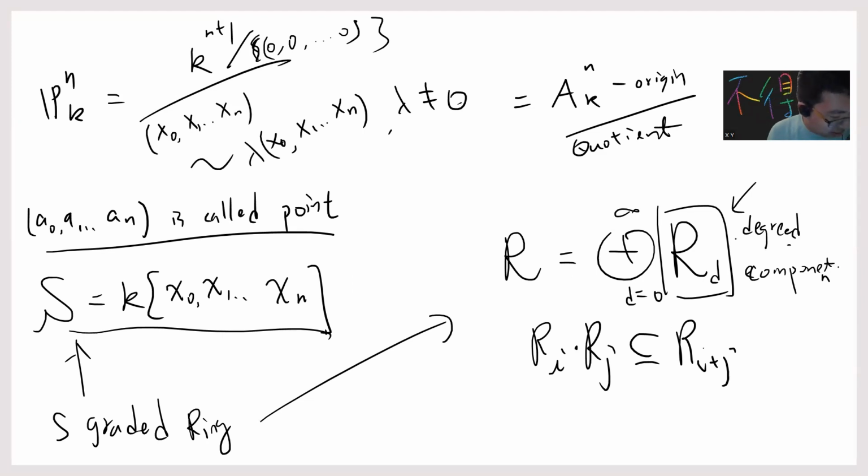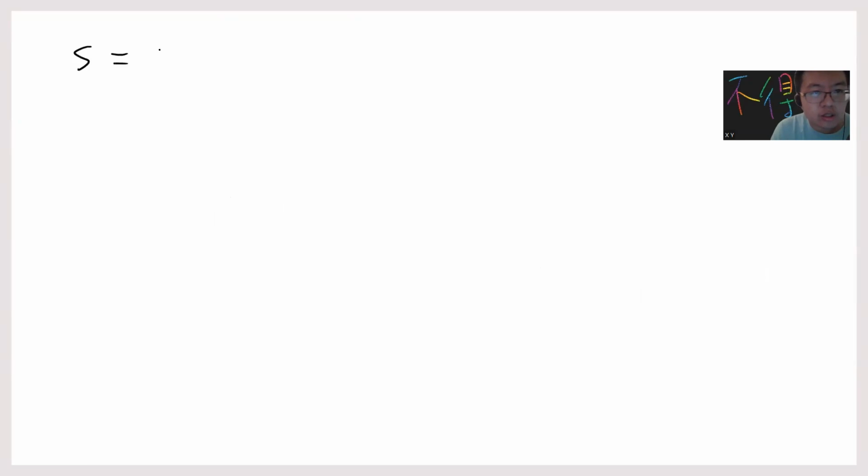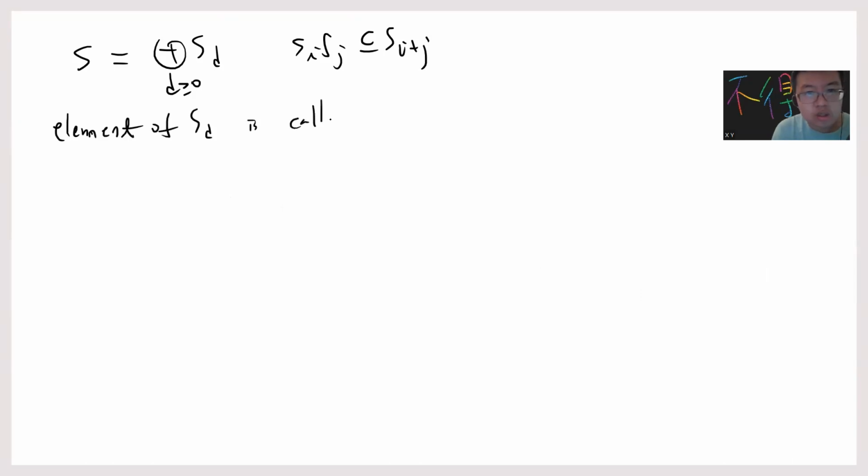Okay, so one can write S as the direct sum of S_d for d greater or equal to 0, and also S_i times S_j is a subset of S_(i+j). The element of S_d is called a homogeneous element.